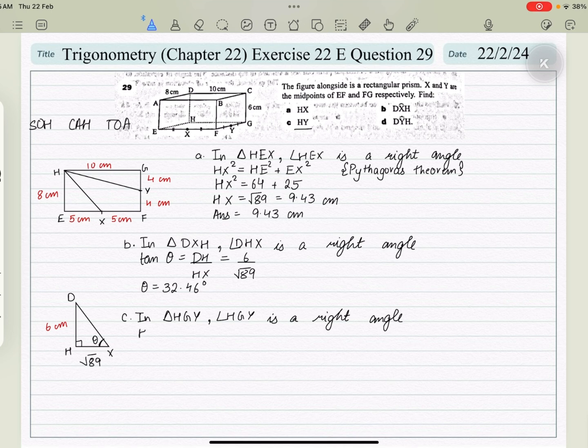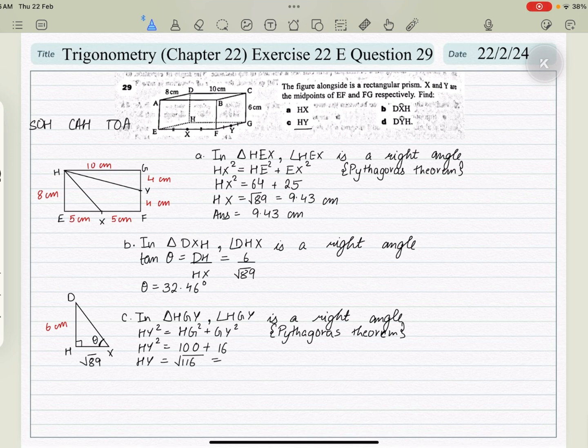So HY squared is equal to HG squared plus GY squared because of Pythagoras theorem. Now, you can plug in the values and say that HY squared is equal to 100, 10 squared, plus GY squared, 4 squared, so it's 16. And that would give us HY is equal to root 116.